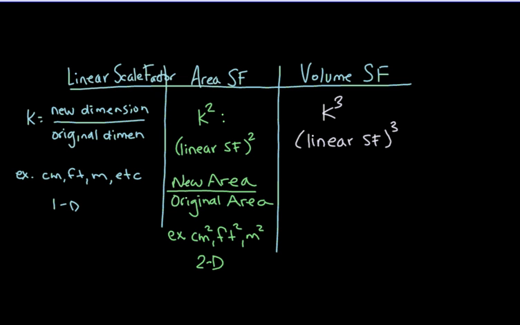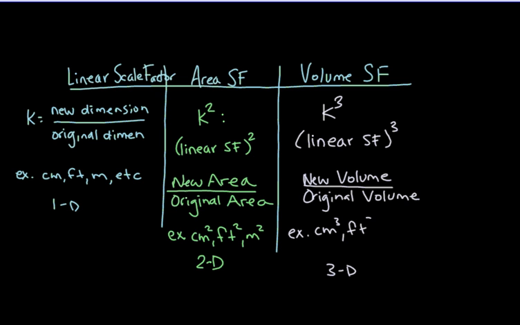We can also find it by taking our new volume and dividing it by our original volume, and that's our volume scale factor. We know we're working with volume when our units are cubics, so it's three-dimensional. So centimeters cubed, feet cubed, meters cubed, and so forth.